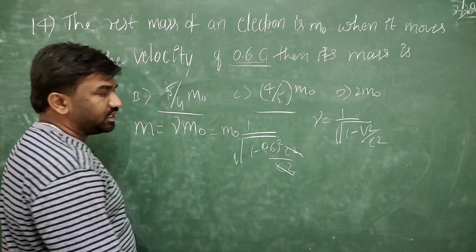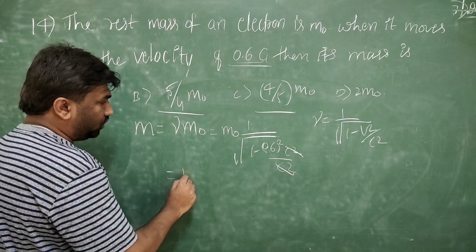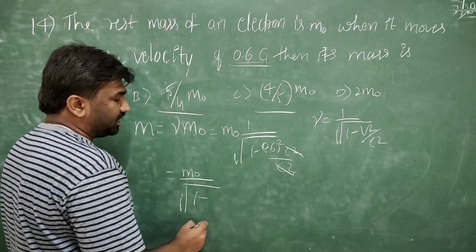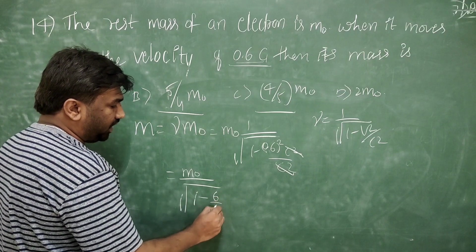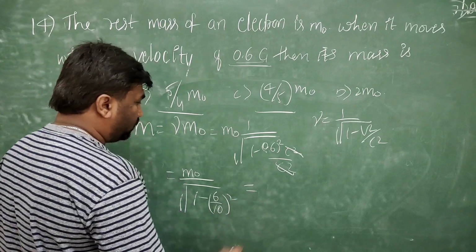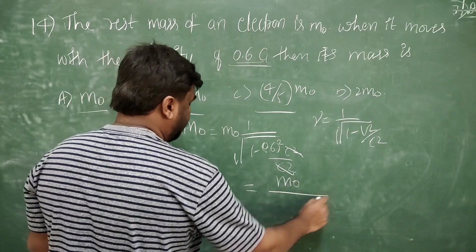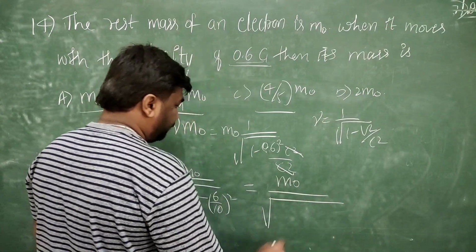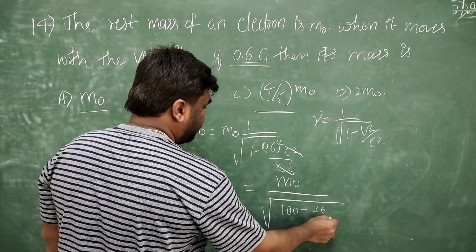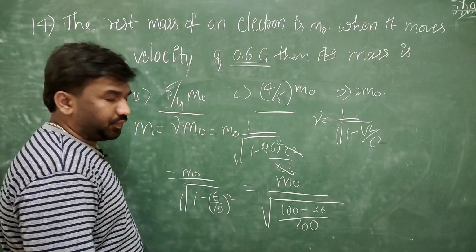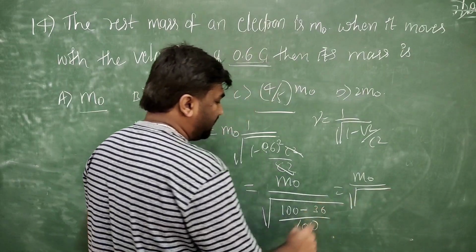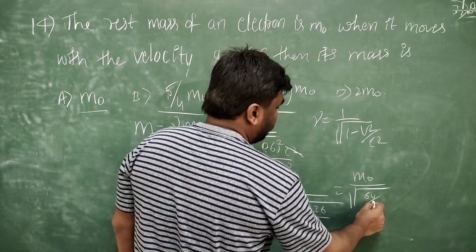The c square cancels. So m is equal to m naught divided by square root of 1 minus 6 by 10 whole square, which is m naught divided by square root of 1 minus 36 by 100, which is m naught divided by square root of 64 by 100.